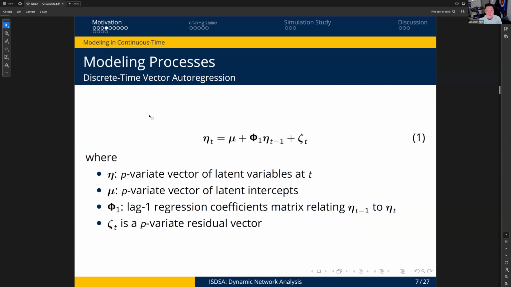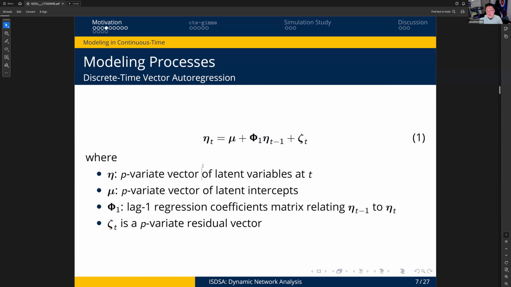The equation for this is basically, as long as you're familiar with linear regression, you should see the common analogies to this, where we have something that we're predicting equal to our intercepts plus our regression coefficients matrix times something else. Usually in regression, we have y predicted by x, but in this case, our scores at a given moment are predicted by our scores at a previous moment.